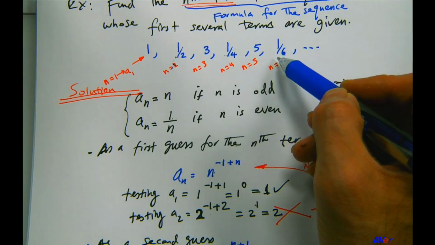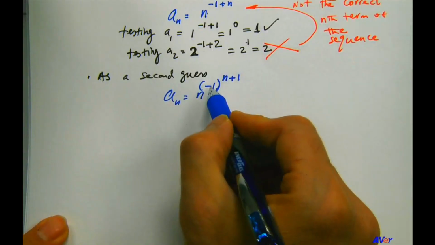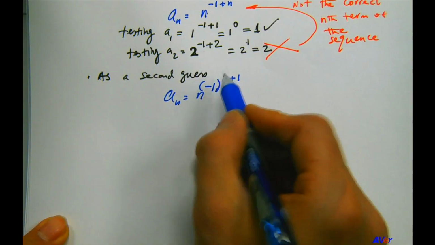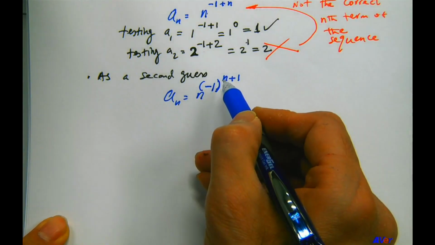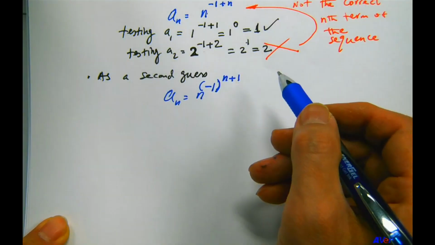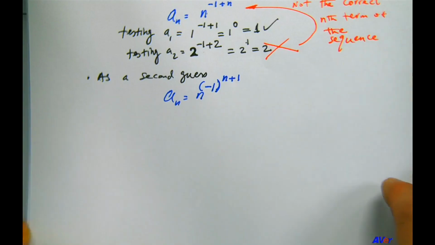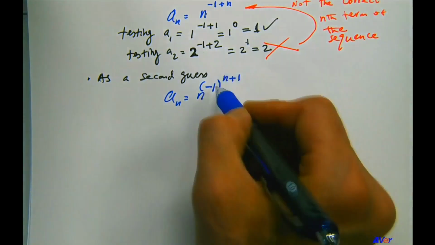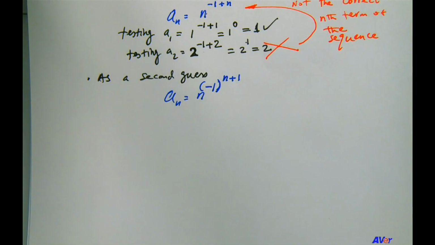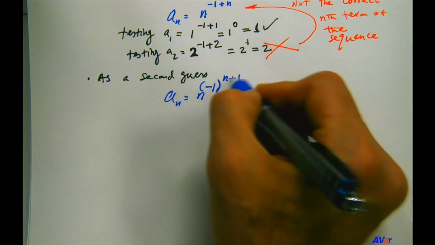So I want this negative 1 preserved for even numbered digits in my sequence. Okay? I don't want it preserved for odd ones. And this is the way to do it.